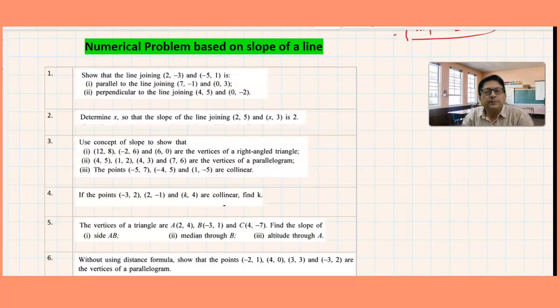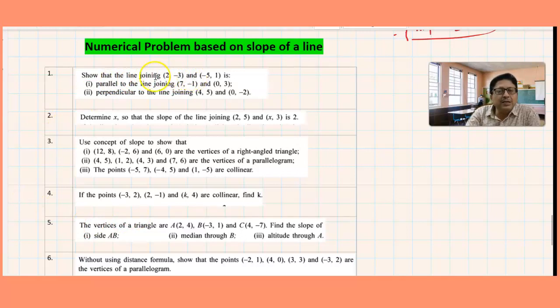Concept of slopes can be used to prove the perpendicularity of two lines, parallelism of two lines, whether a triangle is right angle or not, whether a given diagram is a parallelogram or not, whether points are collinear or not. Let us see one by one how the concept of slope helps us to solve this kind of problem.